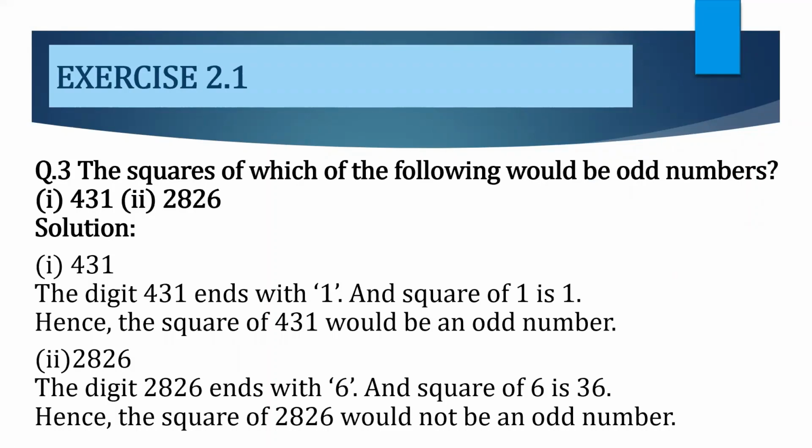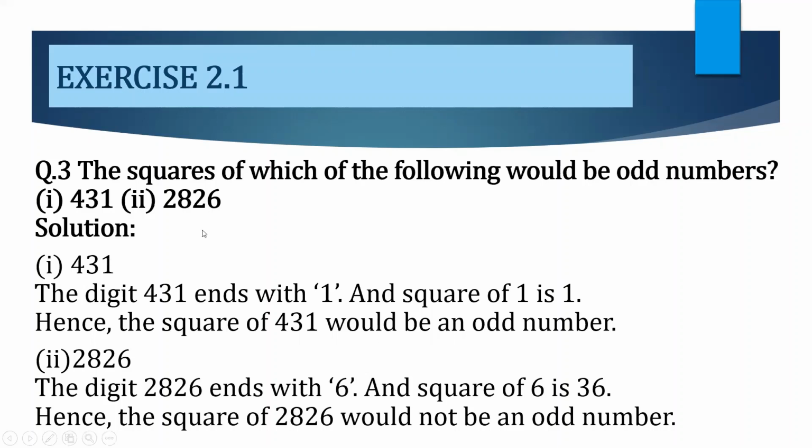Question 3. The squares of which of the following would be odd numbers? We have learned the properties. If the number has an odd number on its unit place, then the square will also be an odd number, and if it has an even number on its unit place, then the square will also be an even number.